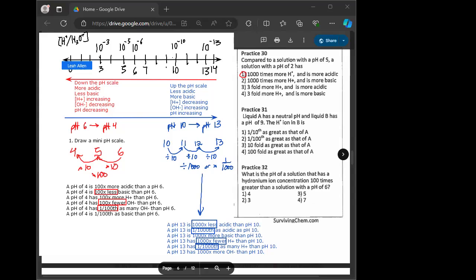For number 31, it's going to be number 3.